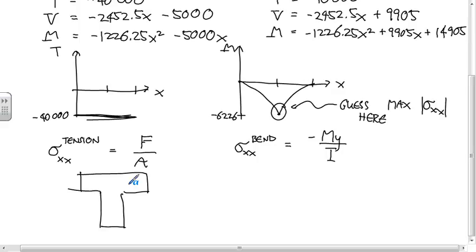So calculating the area is easy. Second, you're going to calculate the areal moment of inertia. And before you can calculate the areal moment of inertia, you have to know where the neutral axis is. Okay?